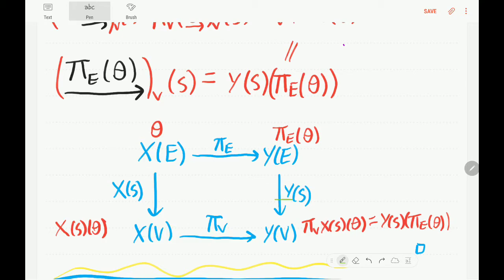Okay, now all the arrows involved in this square are just functions, and so if we think about how these functions map, starting with an arbitrary element theta of X of E, then we end up getting that pi subscript V after X of s of theta, which is what we get by going along the left and the bottom of this square, is equal to Y of s of pi subscript e of theta, which is what we get by going along the top and the right of this naturality square.